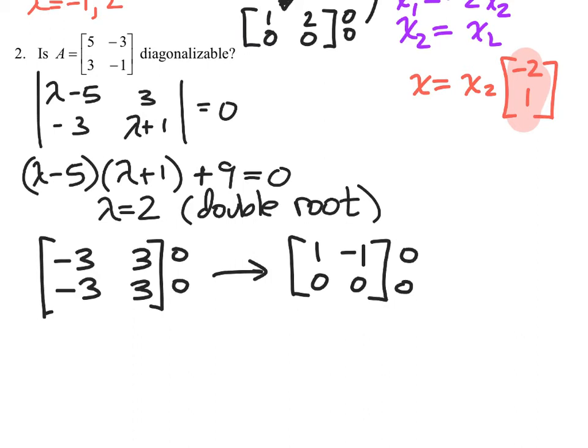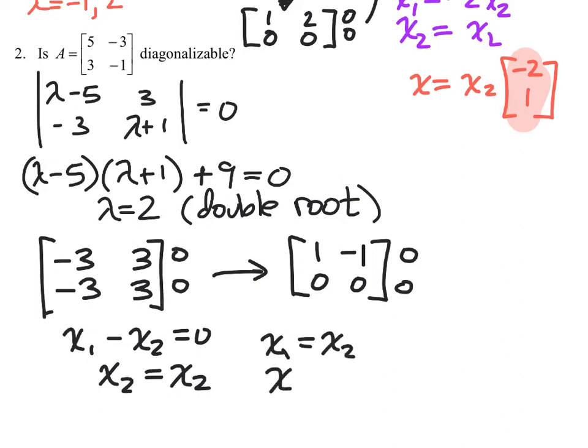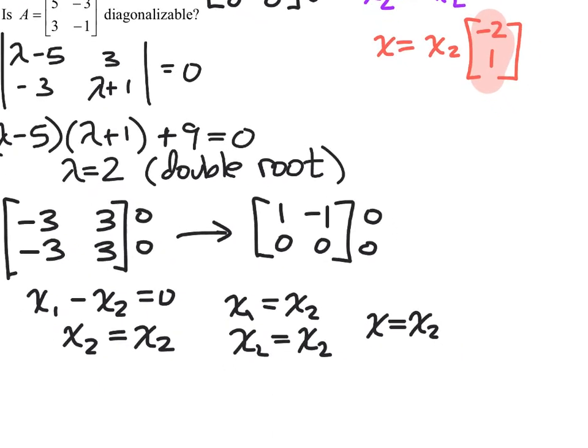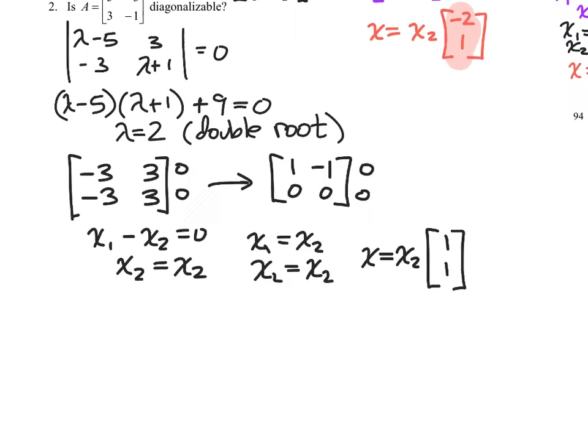All right, so you'd be looking at x1 minus x2 equals 0, and x2 equals x2. So that's the same as saying x1 equals x2, and x2 equals x2. All right, so x would be equal to x2 times, so we'd get 1, 1.